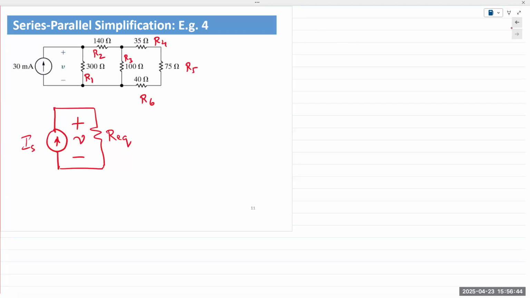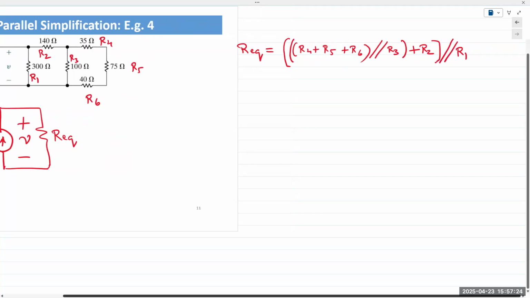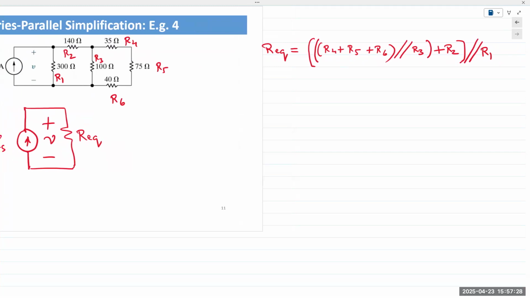On the far right, we have R4 plus R5 plus R6 in series, which is then in parallel with R3, which is then in series with R2, and that entire combination is in parallel with R1.